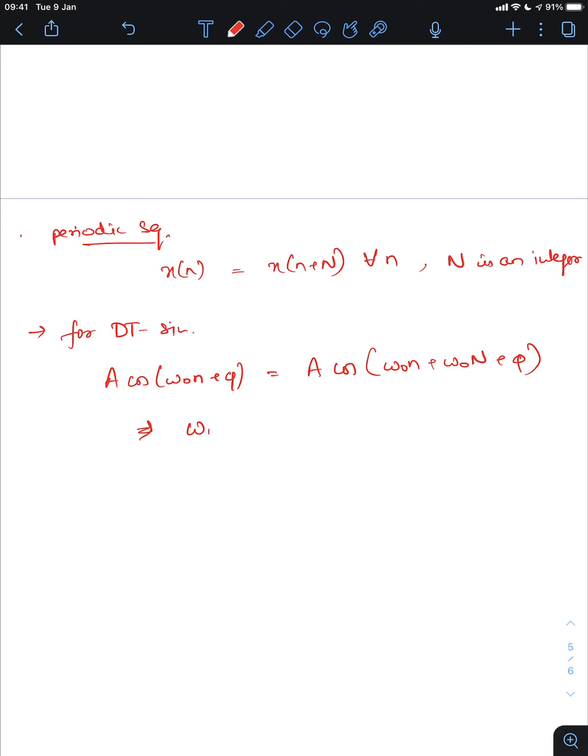So we should have omega naught N equal to 2 pi k, because we know that the signal repeats itself, where k is definitely an integer.